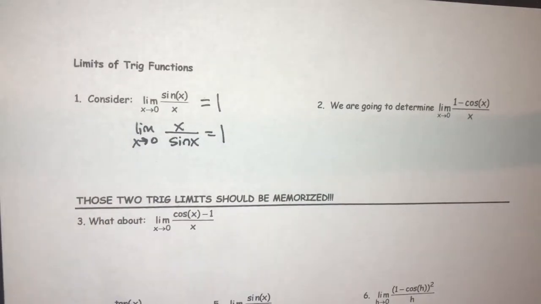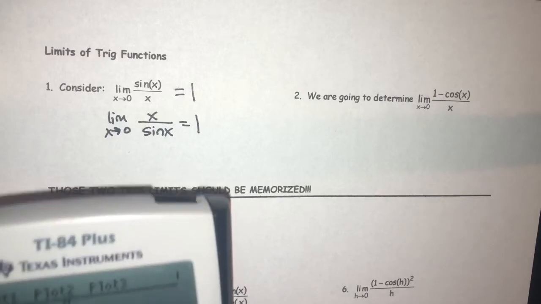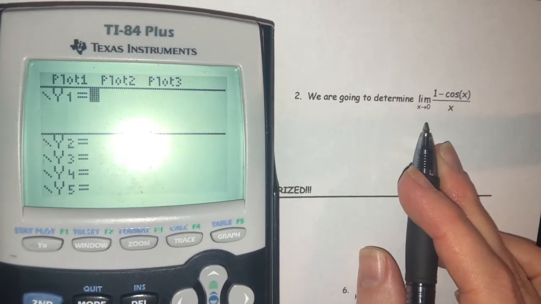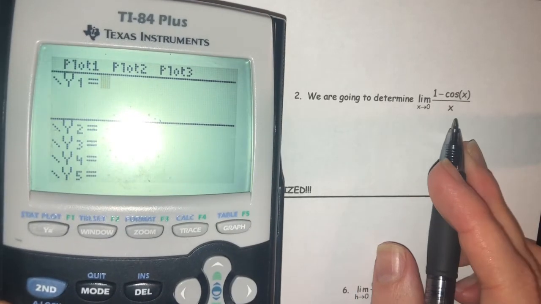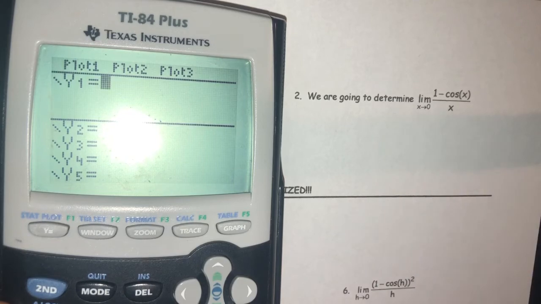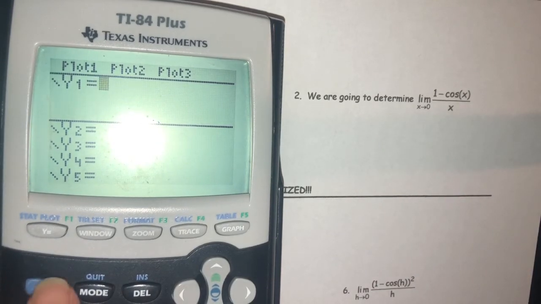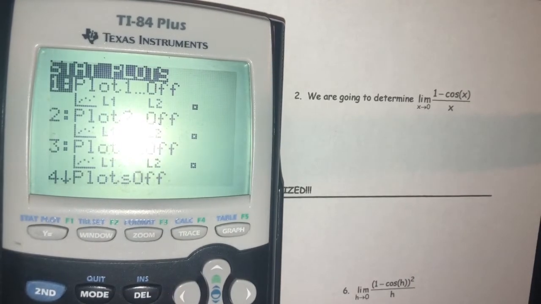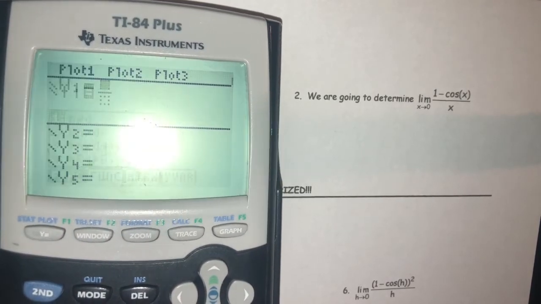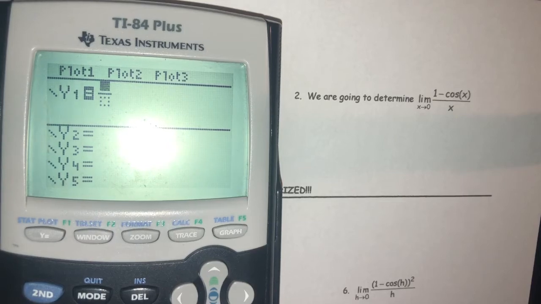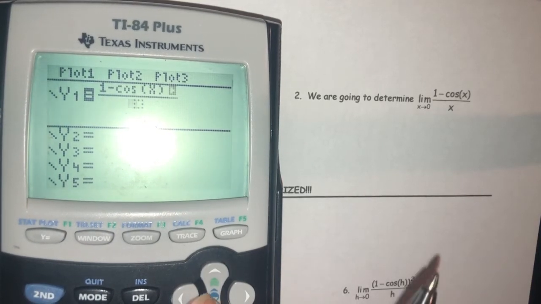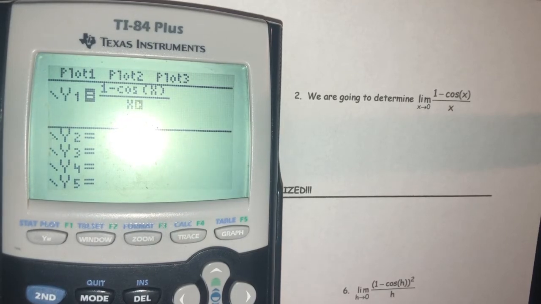Okay, let's move on to number 2. Y equals, we're going to look at the limit as x approaches 0 of 1 minus the cosine of x divided by x. If you plug in the 0 for x, it's undefined, so kind of like the last one. Y equals, and I'm going to press alpha y equals to get my fraction, 1 minus the cosine of x on the numerator and divided by x in the denominator.